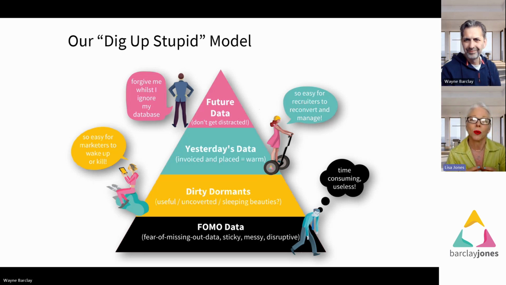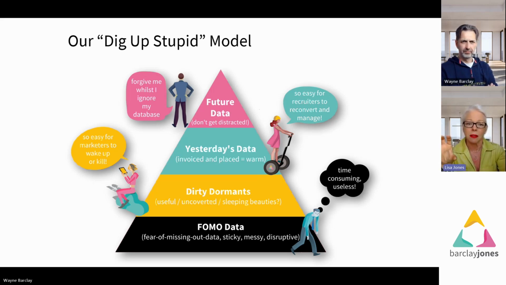And I grabbed this and thought, this is what happens with recruiters every single day. Rather than fixating on the green area of their database, yesterday's data, the stuff that's really hot to trot and things that they need to do, they're constantly going outside the database trying to bring more stuff in. Maybe they're also drowning a little bit in the dormant stuff, and the FOMO, oil slick, nasty, dirty area, they're really trapped in that.